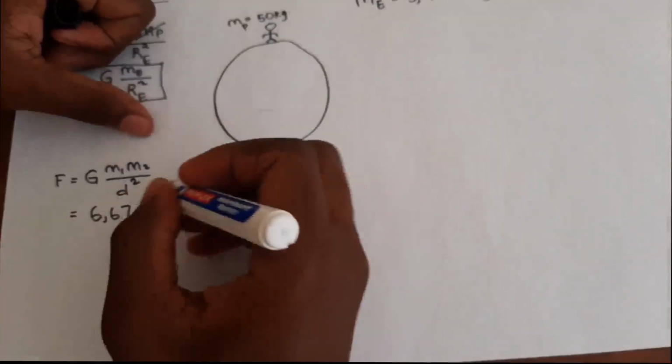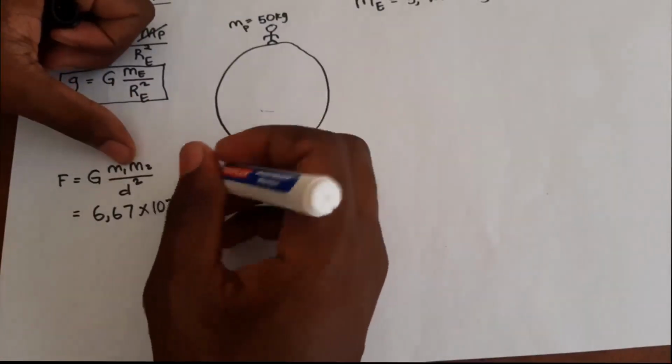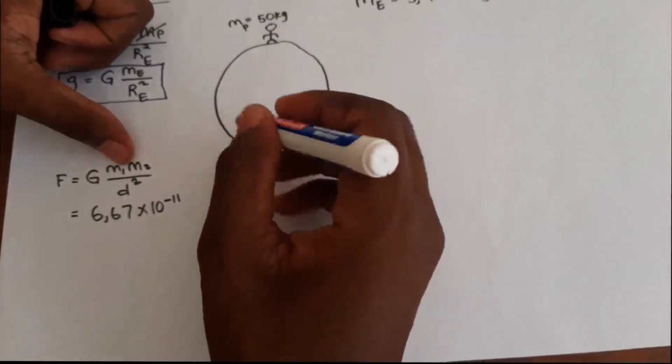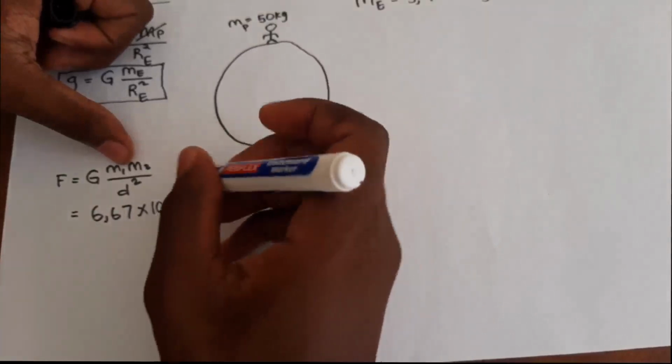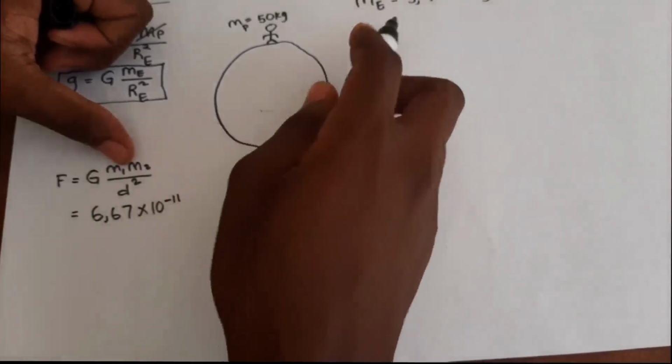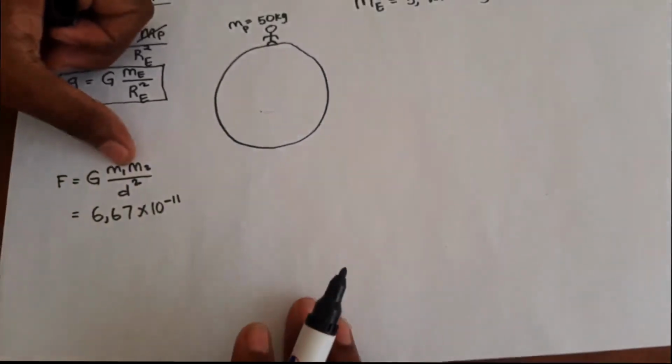What's our m1? Our m1 is the mass of the earth. I gave you the mass of the earth, I hope you can see that.